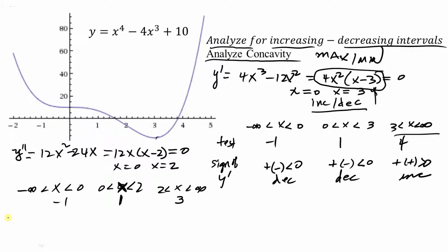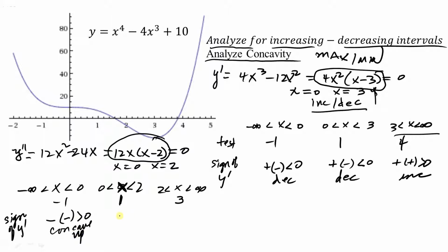And so now let's look at the sign of the second derivative. Notice the second derivative is given by this function, so plugging in minus 1, for the first factor we get a minus, and for the second factor we get a minus. That's more than 0, so it's concave up.